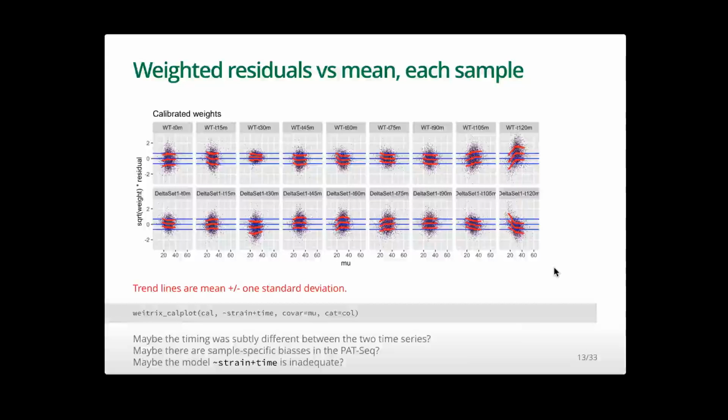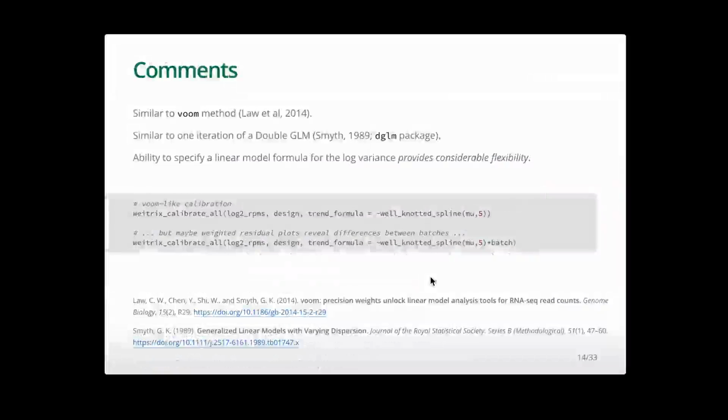One of my big takeaways from this talk is that these weighted residual plots are really useful. If you're doing a VOOM analysis of gene expression data, maybe have a look at this sort of plot. It may show up some interesting things. This is quite similar to VOOM, but we've got this formula that we can specify, rather than it just fitting a curve through the mean-variance trend.